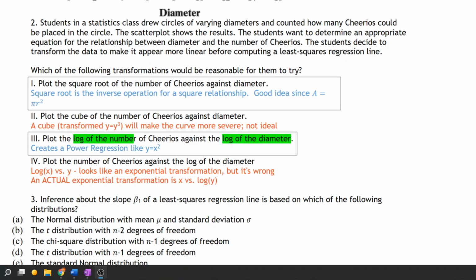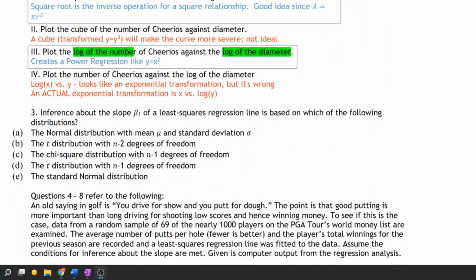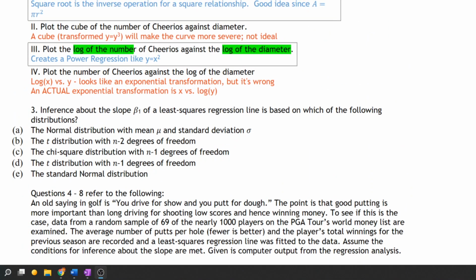And then the last problem we're going to do in this video: inference about the slope beta 1 of a least squares regression line is based on which of the following distributions. It's kind of hard not to go here, but we know it's a t-distribution. So definitely not a normal distribution. Definitely not a chi-square distribution.